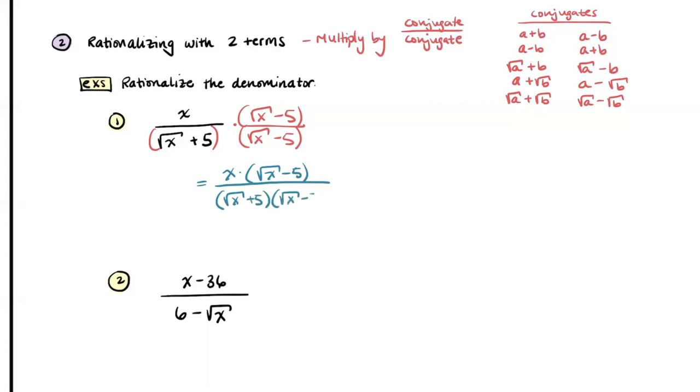Now we haven't quite done the job yet. This is not yet rationalized. In the numerator, we can leave that exactly as it is. There's no reason to distribute the x. It's kind of factored.